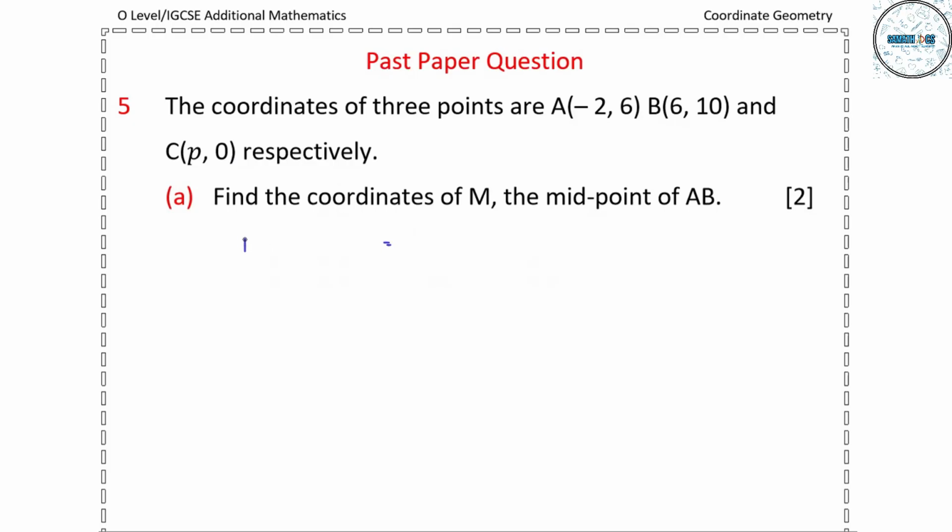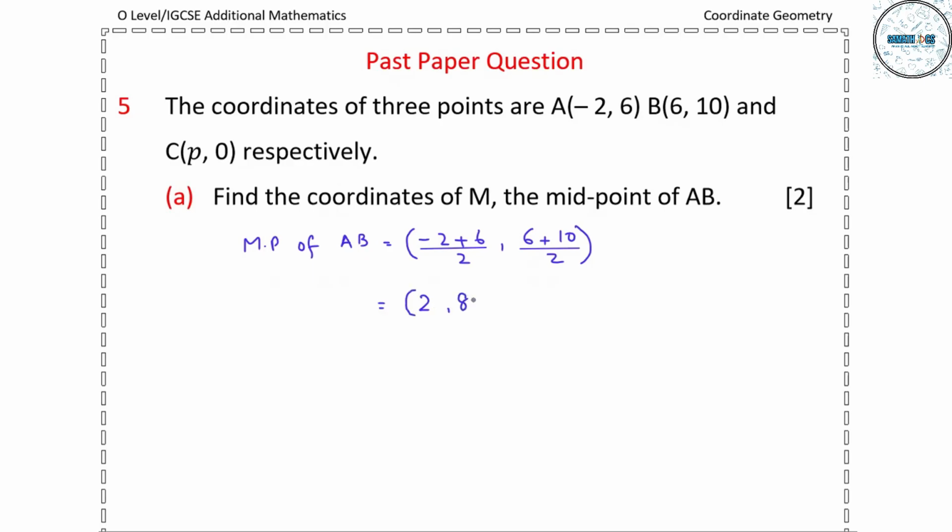So midpoint of AB is equal to (minus 2 plus 6) upon 2, (6 plus 10) upon 2, which is equal to 6 minus 2 is 4 and 4 upon 2 is 2. 6 plus 10 is 16. 16 divided by 2 is 8.